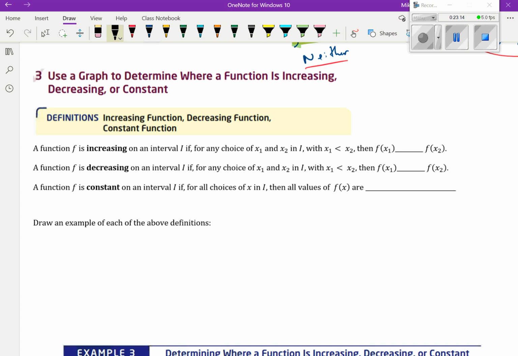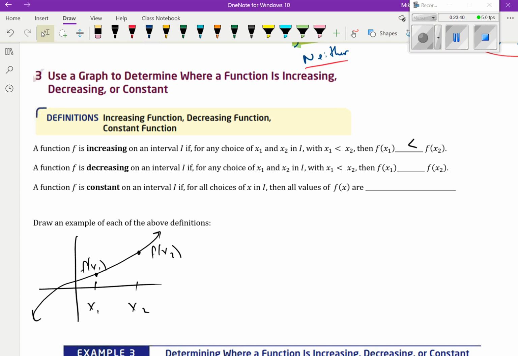So if I take a look just as an example of an increasing function, let me choose just some first x point and some second x point. If I'm increasing, that means overall that I've got to keep going up. So from x1 to x2, f of x1 compared to f of x2, if I'm increasing, f of x1 is lower, so it's got to be less than f of x2.